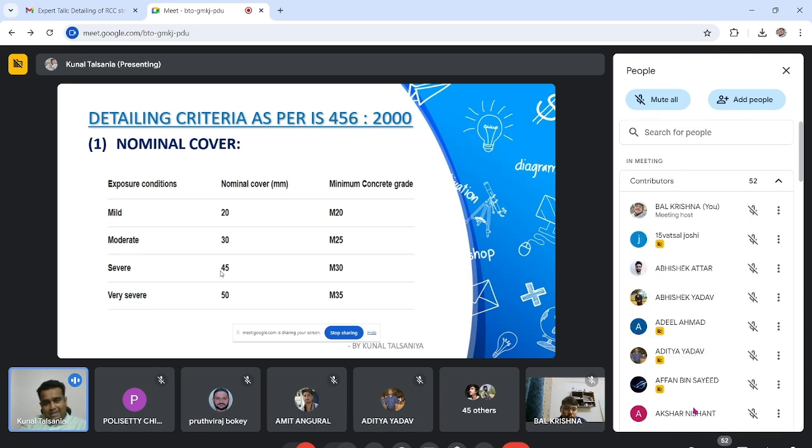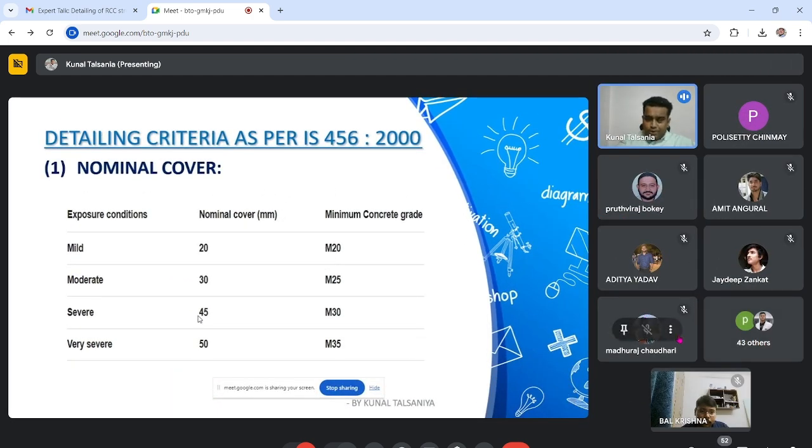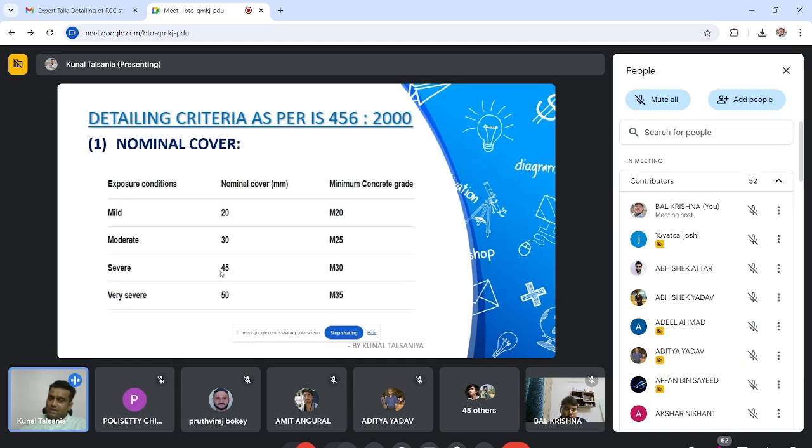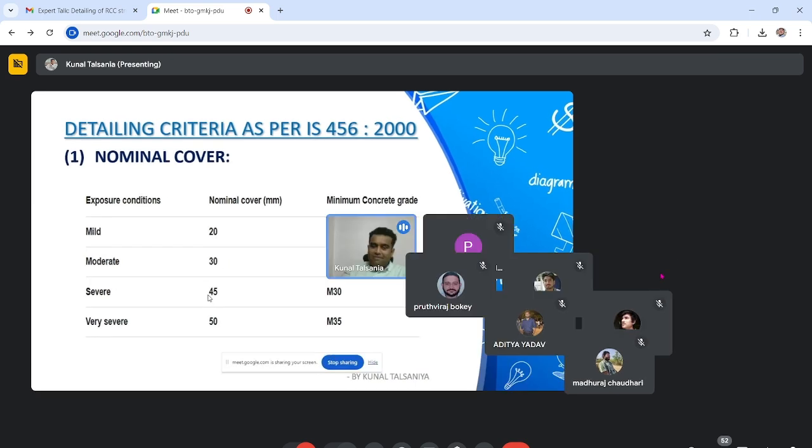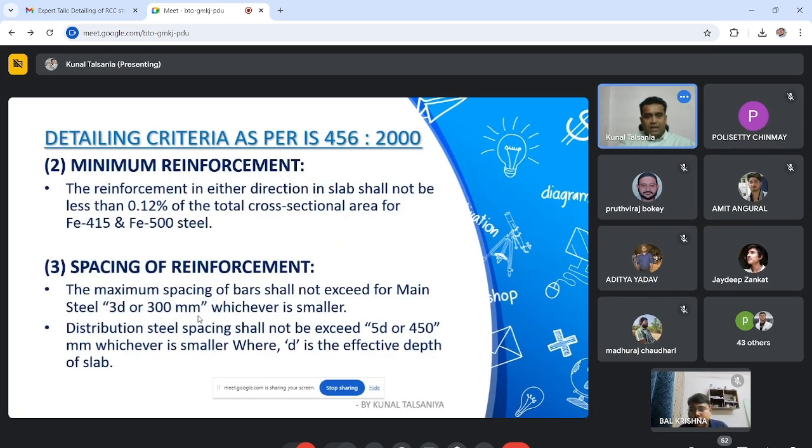If your exposure condition is mild, then any structural element has a minimum nominal cover of 20 mm. If moderate, then nominal cover is 30 mm. If exposure condition is severe, then 45 mm, and very severe, then 50 mm.